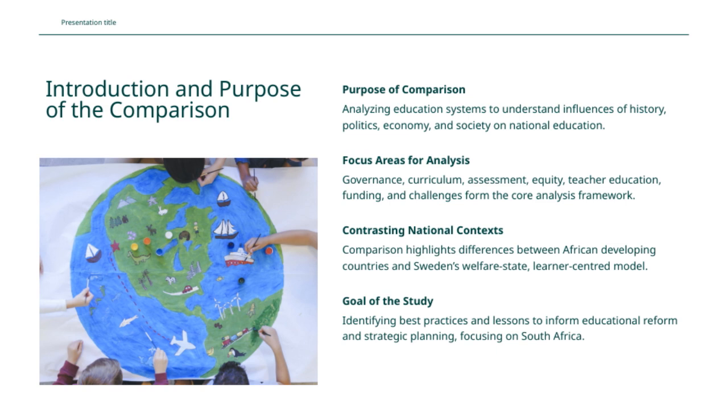Ultimately, the goal of this study is to identify best practices and lessons learned that can inform educational reform and strategic planning, especially for South Africa. We want to see what can be applied locally to foster better educational opportunities and outcomes. All of this ties back to our overarching theme of understanding and improving education through meaningful comparison.